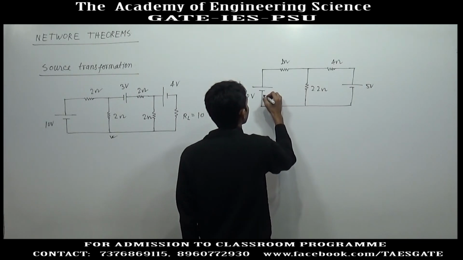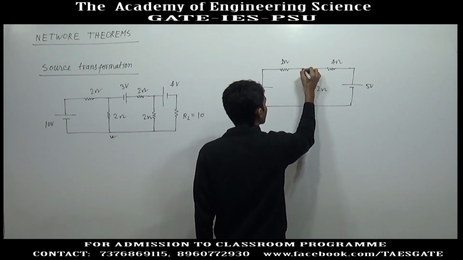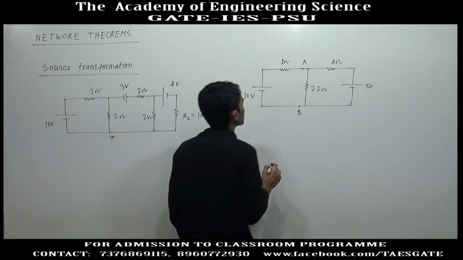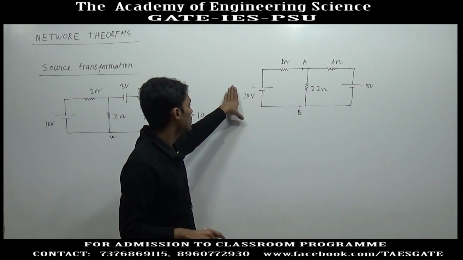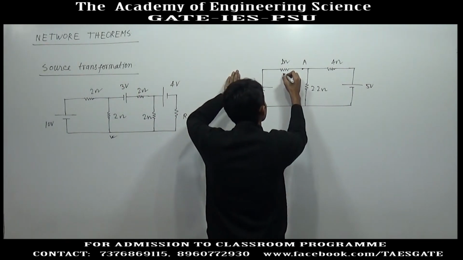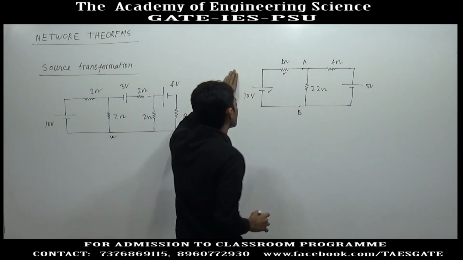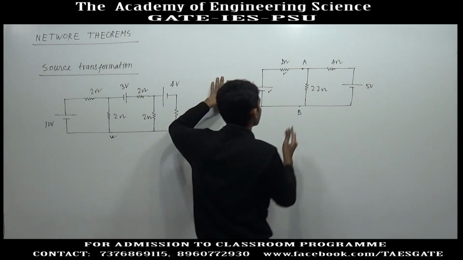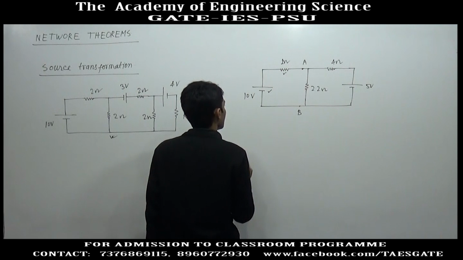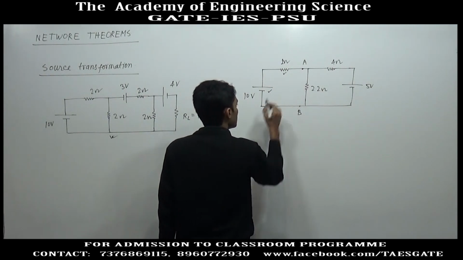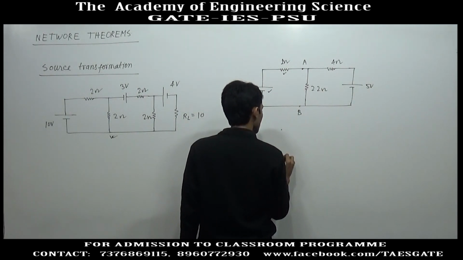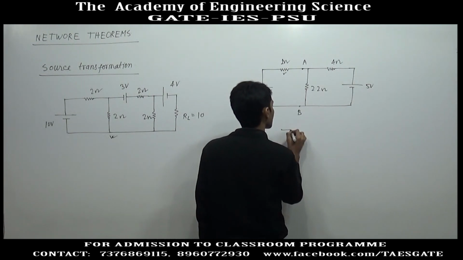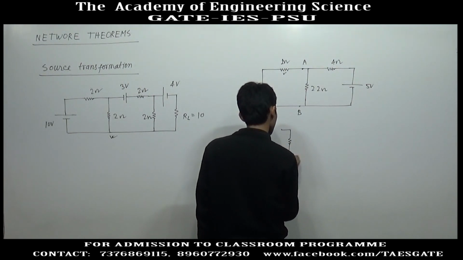We will apply source transformation. Suppose this point is A and this point is B. Left to the point of A and B, this 1 ohm and this 10 volt is connected in series. So we will apply source transformation here. We are not using any transformation right to the point of A and B, so the circuit will remain unchanged.